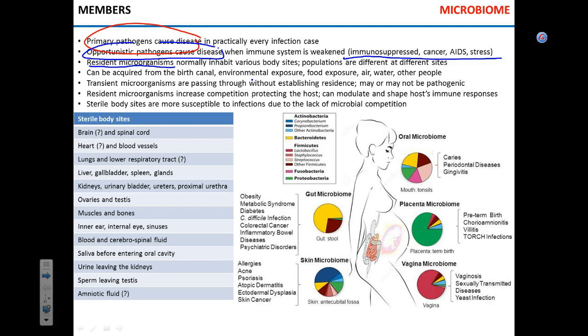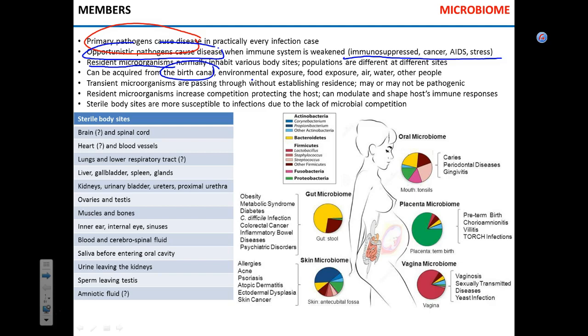Now we acquire these microorganisms, the resident microorganisms, from the very birth, when we pass through the birth canal. Not quite surprisingly, but children that are born through C-section have microbiomes different from children that are born by a natural route.